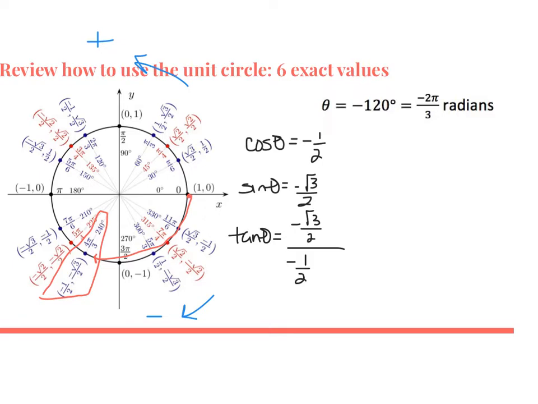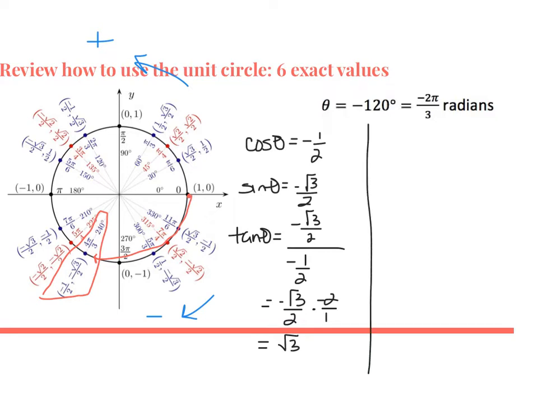Again, on this one, when you're dividing a fraction, remember you have to multiply by the reciprocal. The 2's cancel out, the negatives cancel out, leave you with root 3.